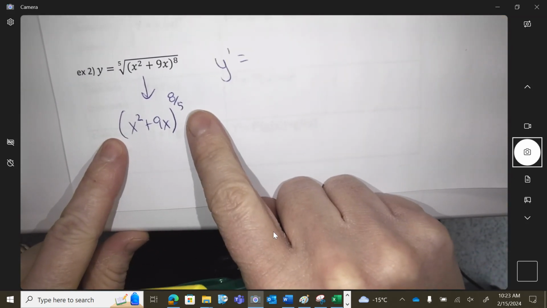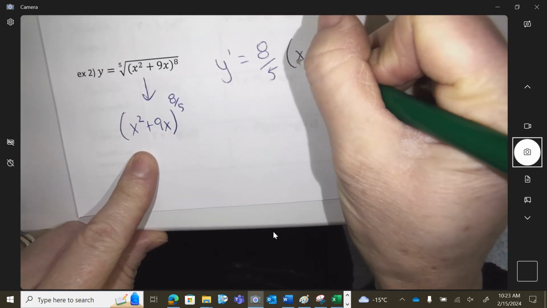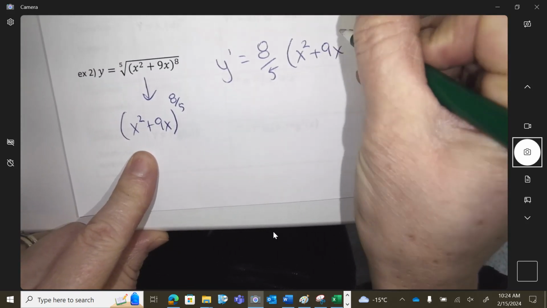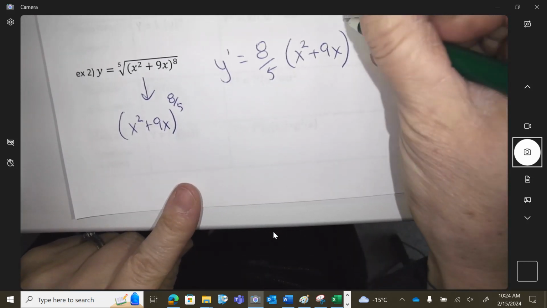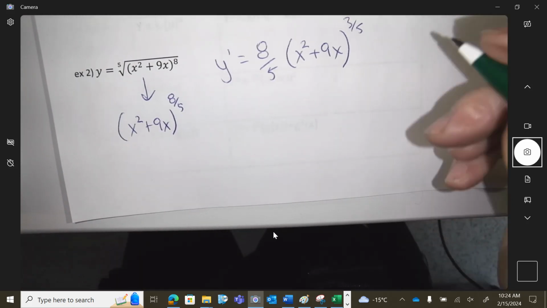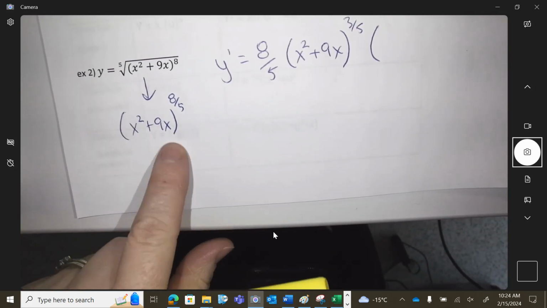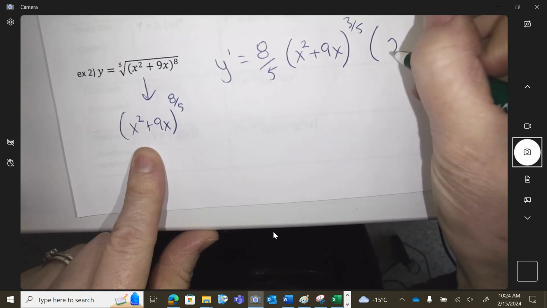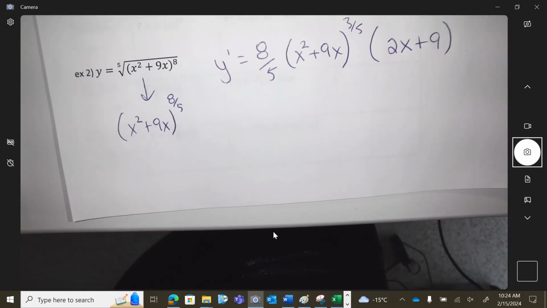Front times top, which is just 1 time, so 8/5 of those units to the one lower. 3/5, because you're going to have to do a whole 5/5 lower, times the derivative of the unit now. So 2x plus 9.